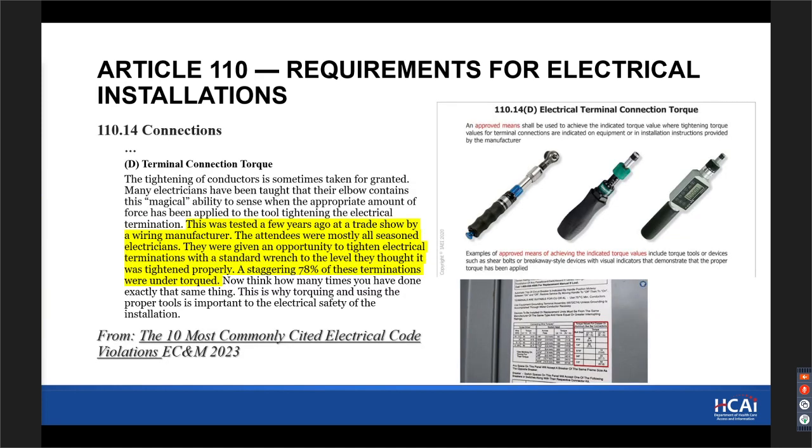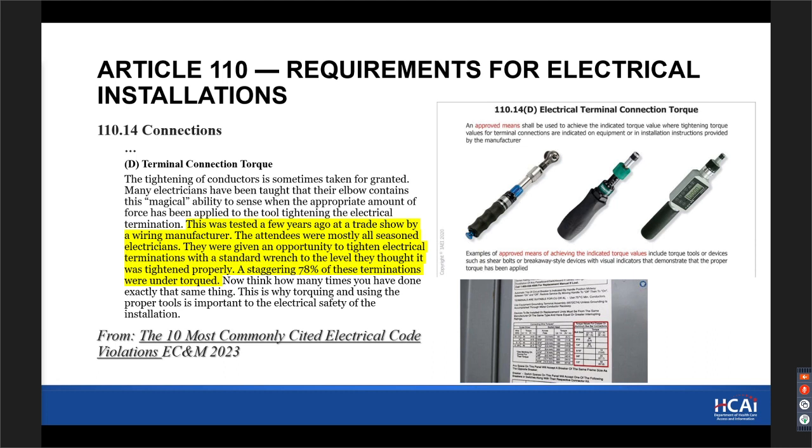I added in this slide; essentially, this is from EC&M 2023, the 10 most commonly cited electrical code violations. One of them has to do with torque. This is an excerpt from that article that basically says, at a trade show conference with seasoned electricians, attendees were given the opportunity to tighten electrical terminations with a standard wrench, and generally it was determined that a number of these terminations were under torqued.